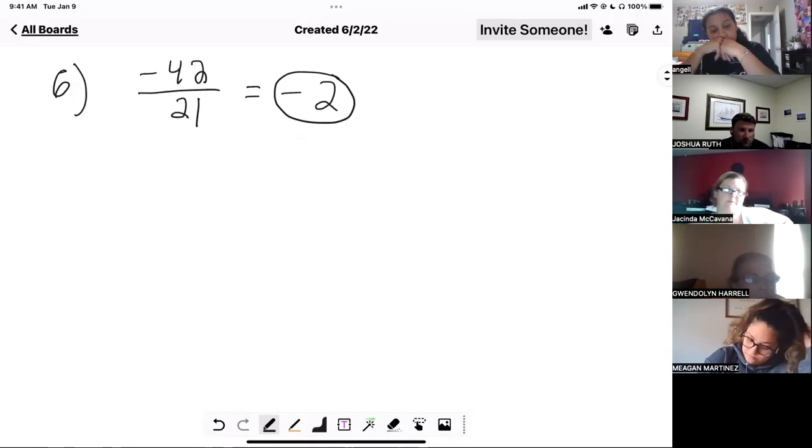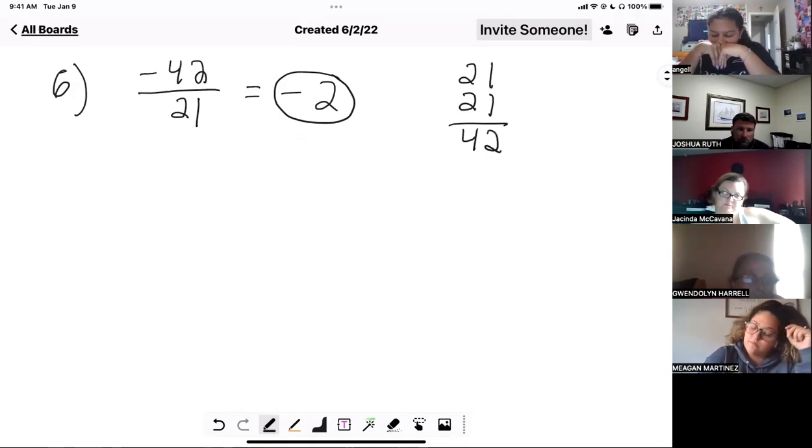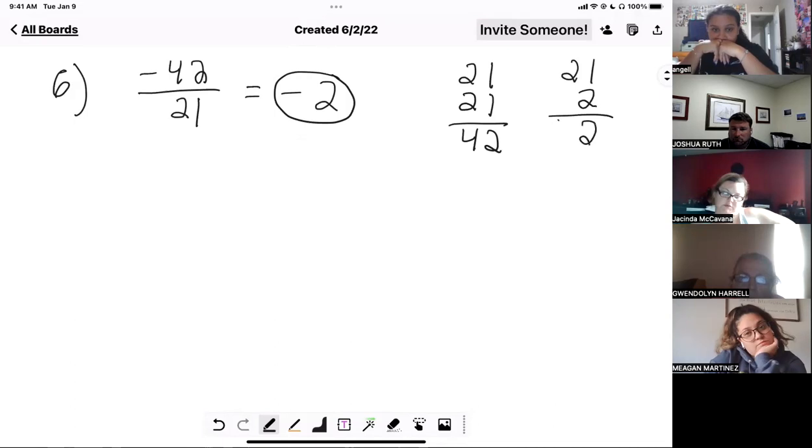Now the answer is -2. That's because 21 plus 21 happens to be 42, or 21 times 2, whichever way you did it, is 42. But a negative and a positive divided, the negative wins, -2.